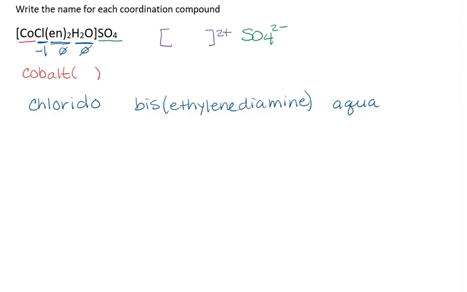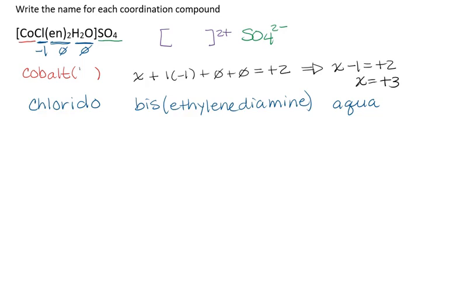So we'll have X for cobalt plus 1 times a -1 for the chloride plus 0 plus 0 equals the charge on the complex, which is a +2. Simplifying this, there are a lot of zeros, so it's not too difficult. We have X minus 1 equals +2, or X equals +3.